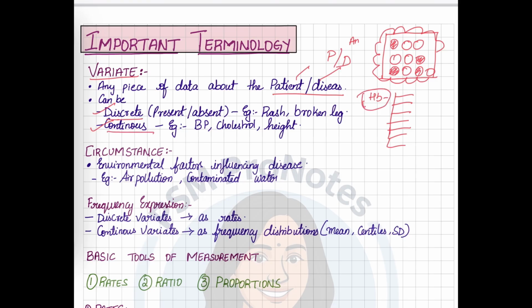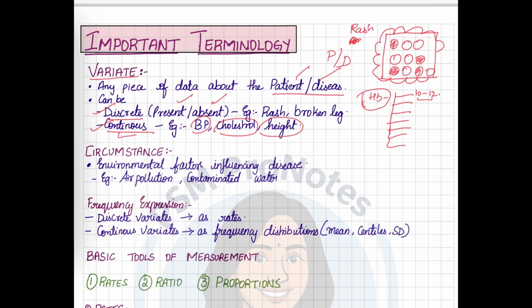We have measured Hb, so it is continuous data where we have a range, because Hb ranges from, say, 10 to 12. This is continuous data where we have a range, as for BP, cholesterol, and height. What is discrete data? It is present or absent. Suppose we have conducted a survey on rash.